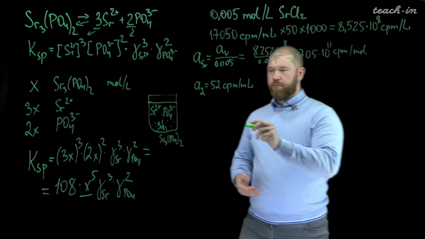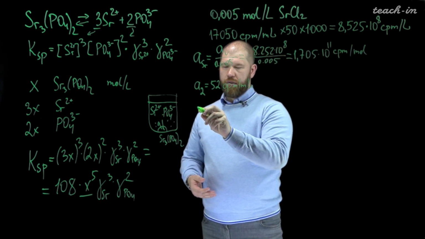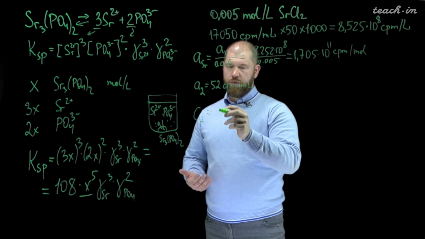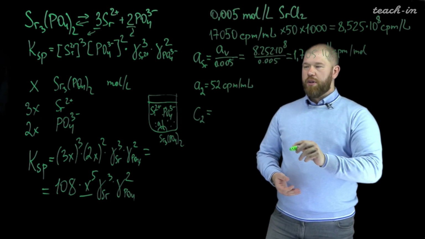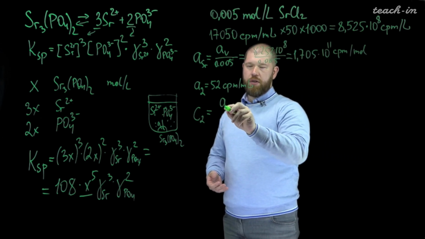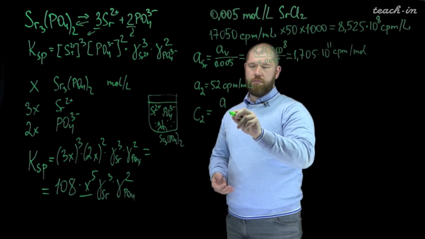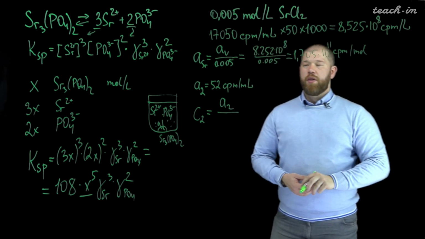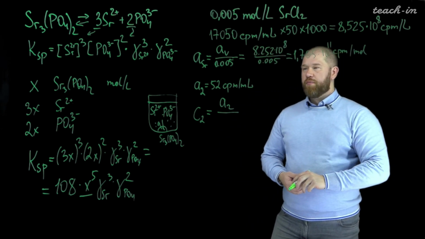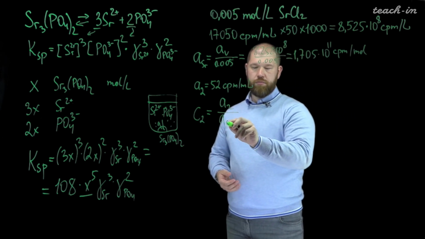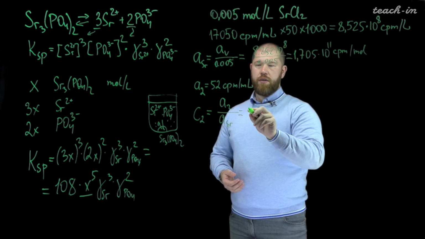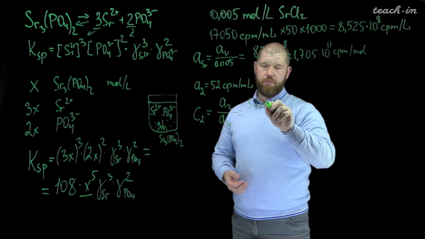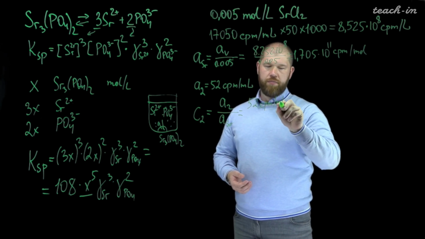So the C2 of strontium will be the specific activity of this solution divided by the activity of strontium, and it will be 52 CPM per milliliter.